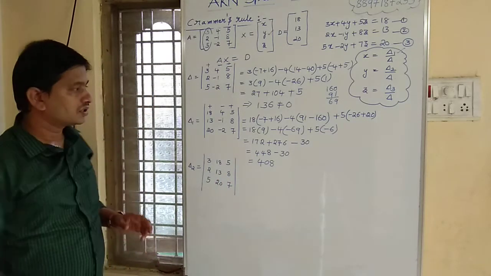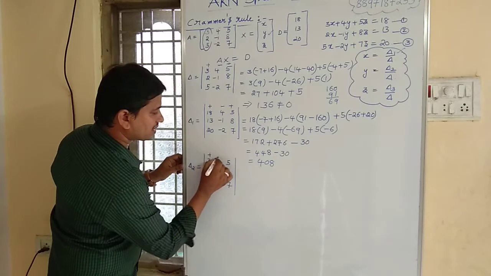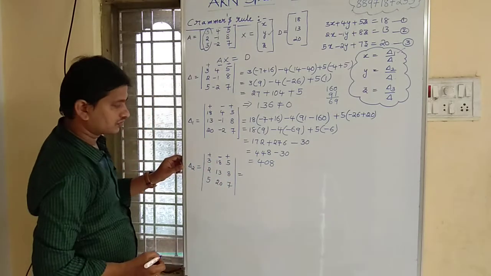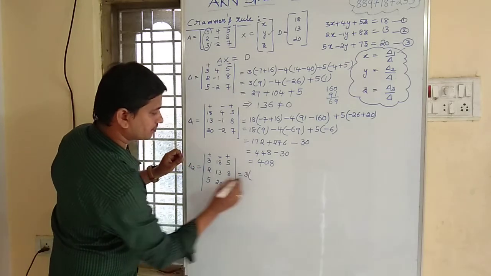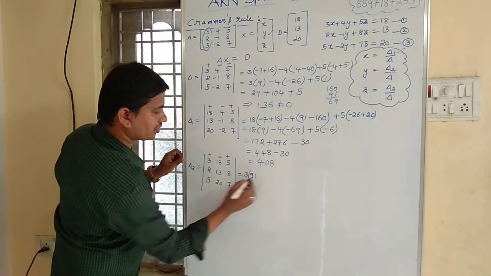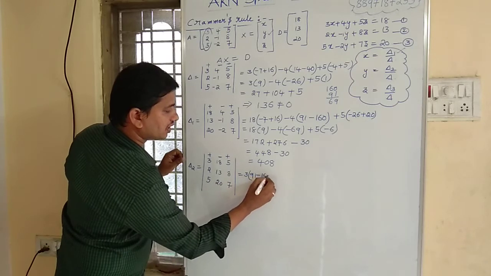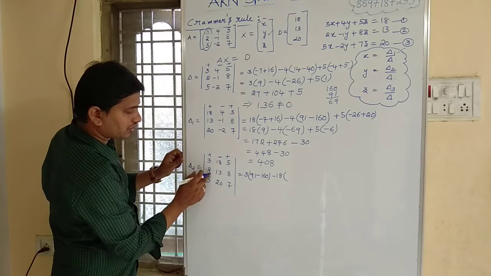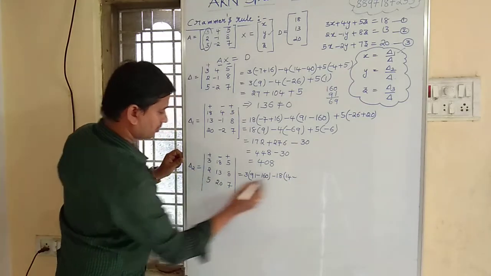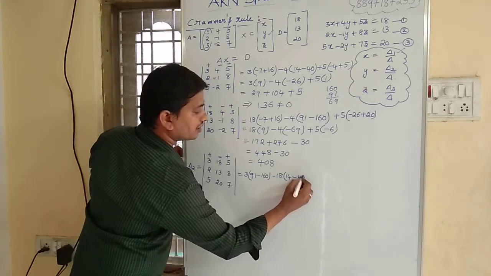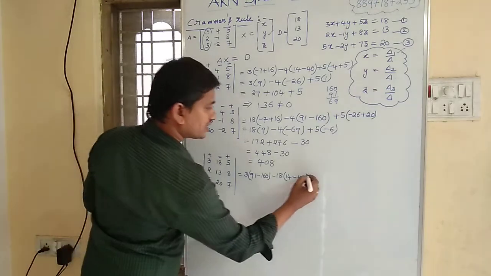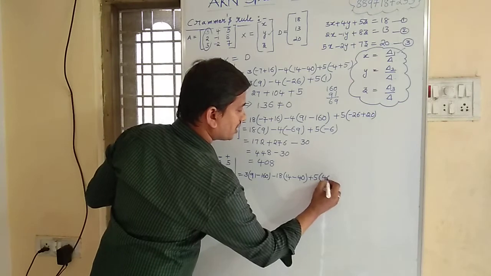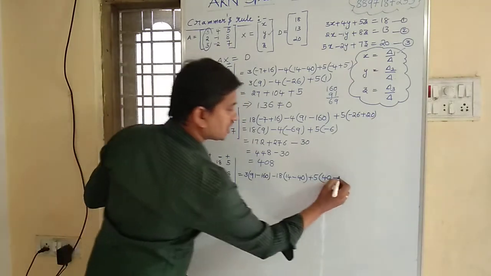Okay children, now plus minus plus, so 3 into 13 7 is 91 minus 28 is 160, minus 18 into 2 7 is 14 minus 5 8 is 40, plus 5 into 2 20 is 40 minus 13 5 is 65.